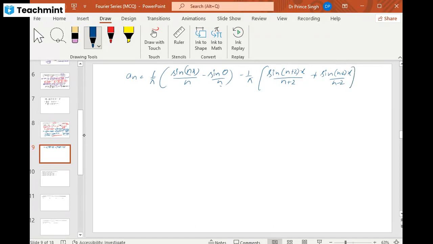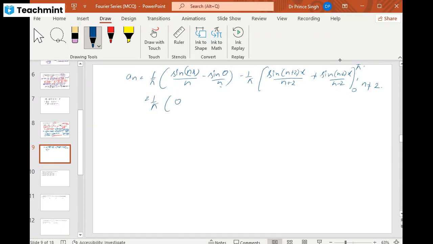But now the problem is that n minus 2 is in the denominator, and in a Fourier series our summation runs from 1 to infinity, so obviously it is not defined for n equal to 2, with the limit 0 to pi. Because sine n pi is 0, as we have already discussed, the two identities are that sine n pi is 0 and cos n pi is minus 1 raised to power n.